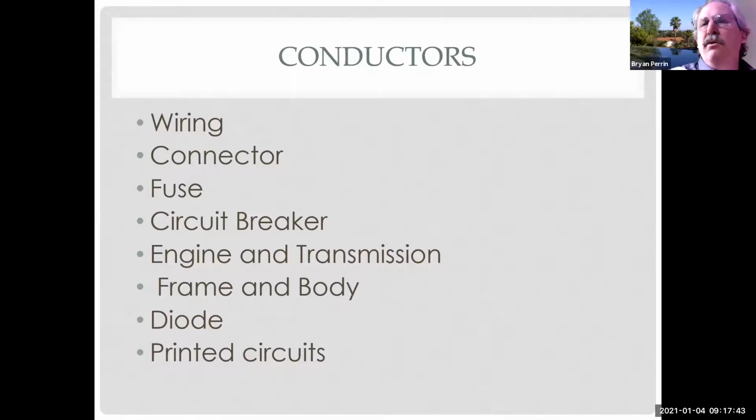A diode, which is a one-way street for electricity. And printed circuits. And I heard someone bring up control device computers. So on boards inside computers or on boards inside instrument clusters, they'll have what's called a printed circuit, where they actually put very, very thin conductive material onto plastic and allow the electricity to flow through that.